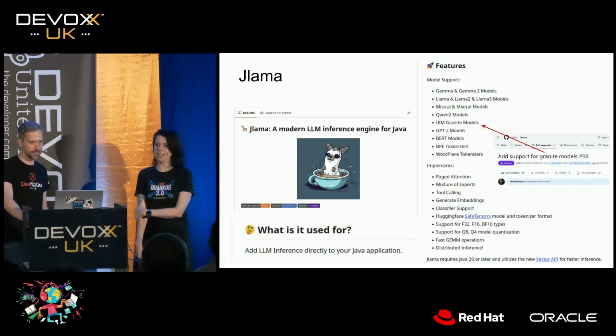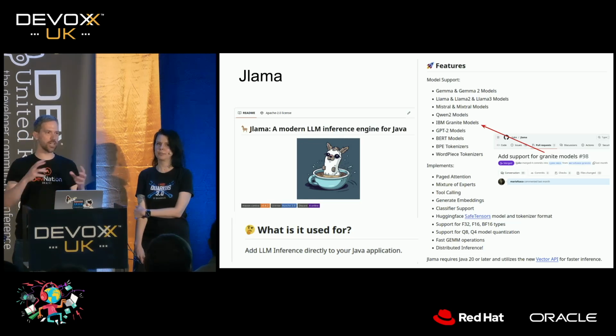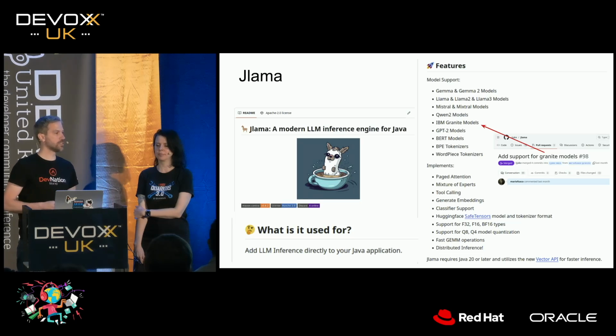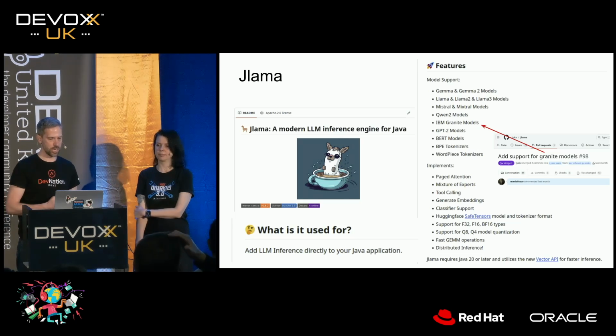We can skip that. JLama is a really interesting project too, to actually embed models into your application. You're actually using a model, running it as part of your application, served as a Java process, so you get all the advantages and nice things of Java performance. This is a really interesting project to keep in mind too, and also supported with Quarkus and LangChain4j.